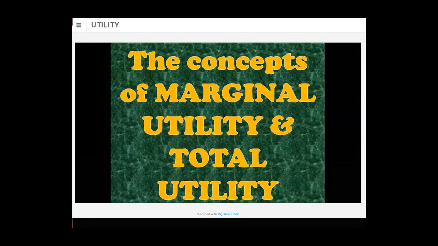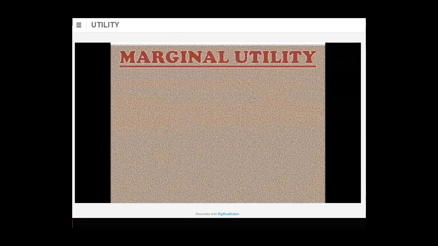He first explained the concept of marginal utility. देखो, हर एक प्रोडक्ट का अपना खुद का एक यूटिलिटी होता है.